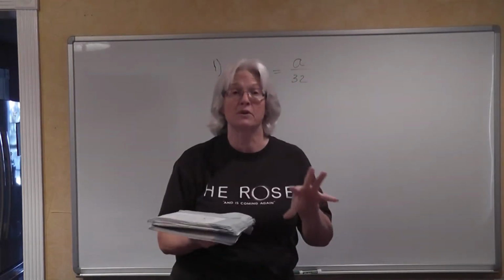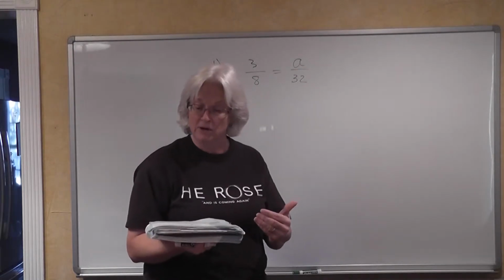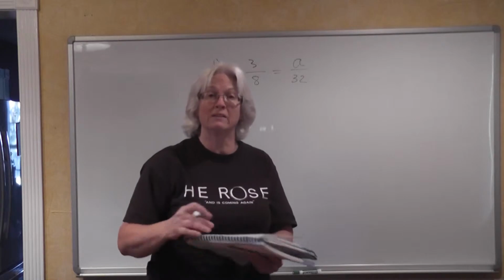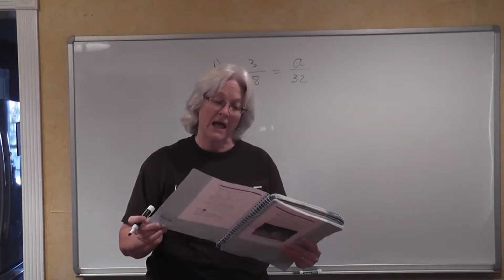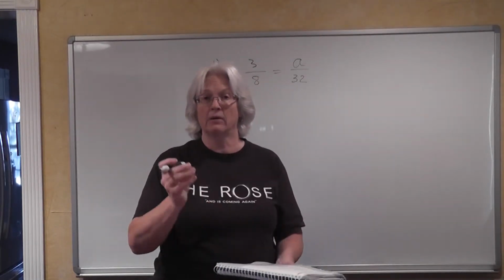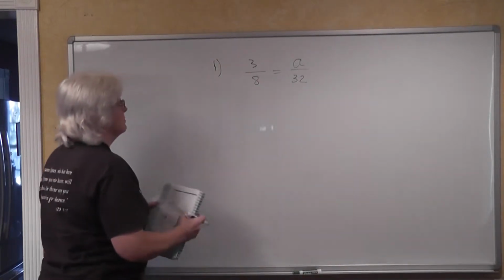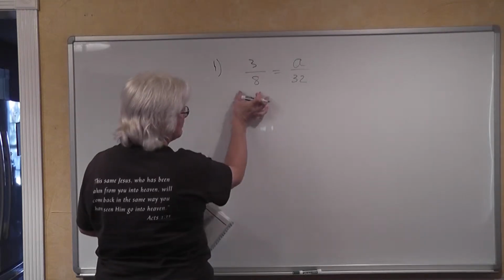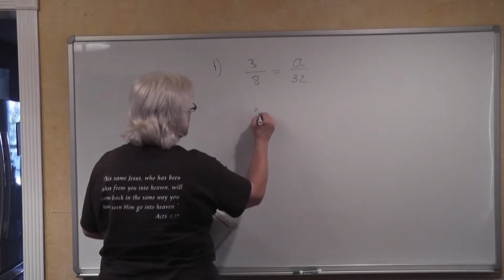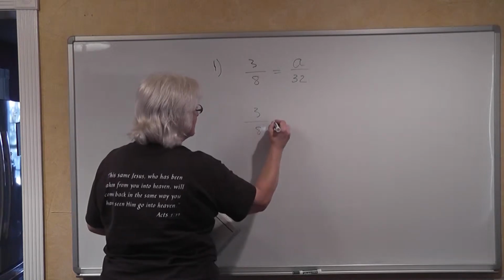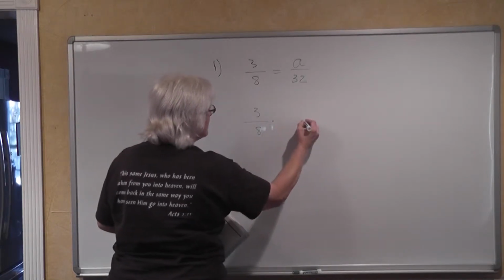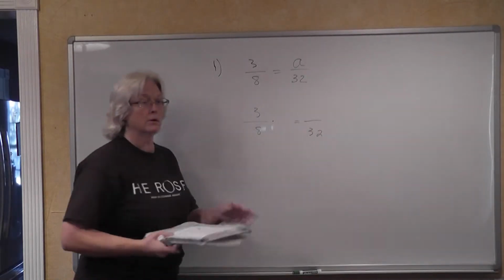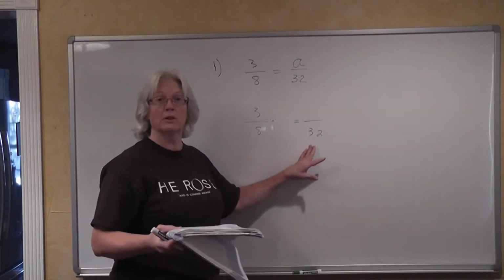Our instructions for these first three problems say this: replace the variable to write an equivalent fraction. You will remember that from the last video we showed how to convert from one fraction to an equivalent fraction, and we are looking to see what the denominator was multiplied by here so that we would end up with 32.